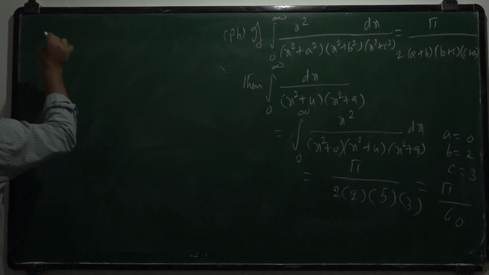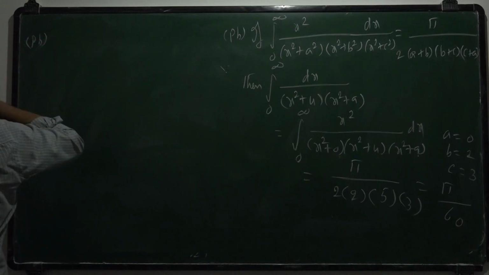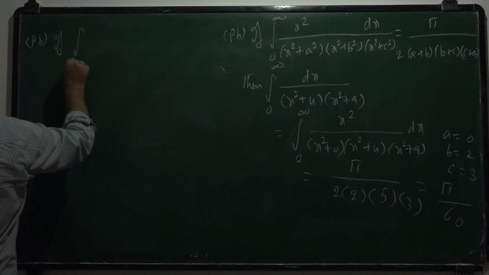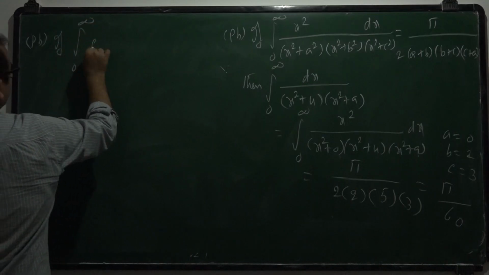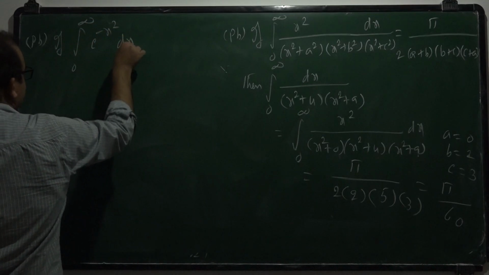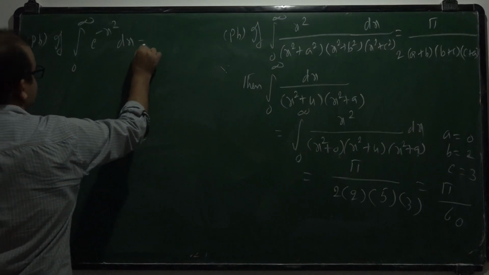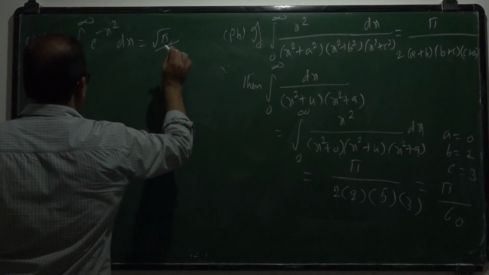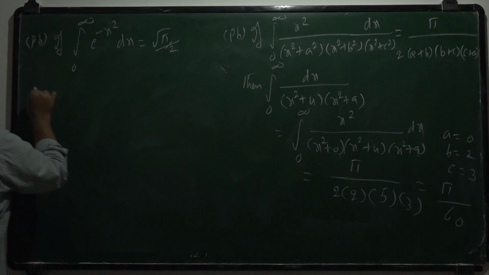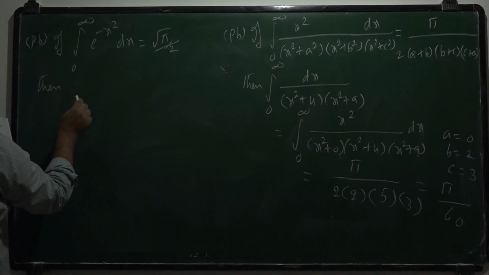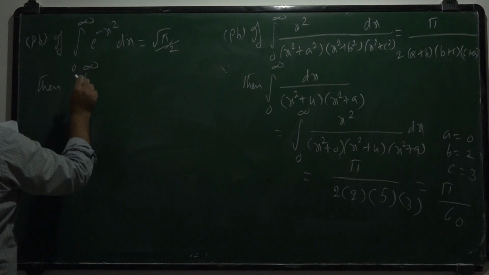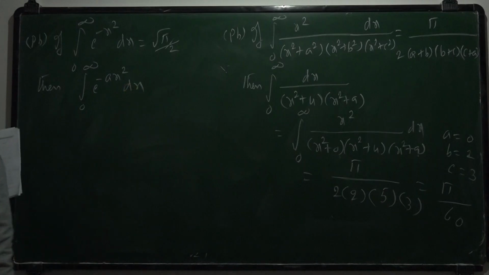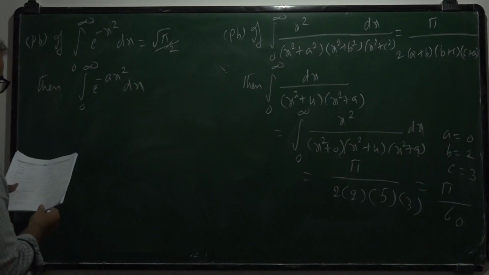Write the next problem. If the integral from 0 to infinity of e power minus x square dx is equal to root pi by 2, then find the value of the integral from 0 to infinity of e power minus a x square dx.